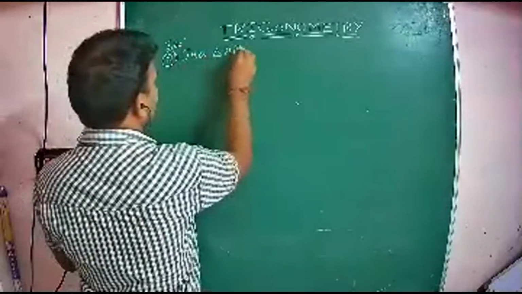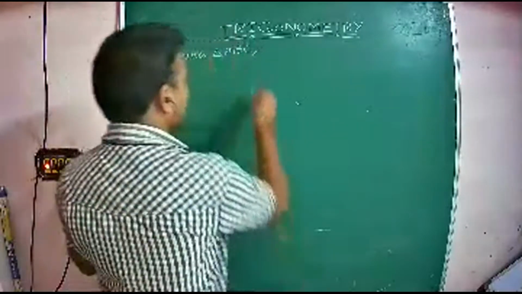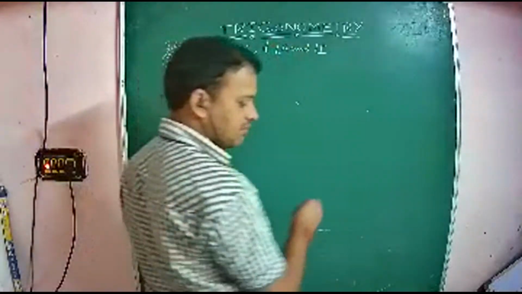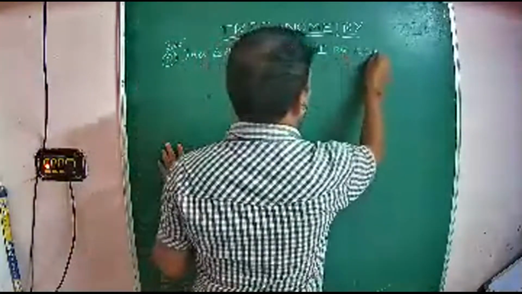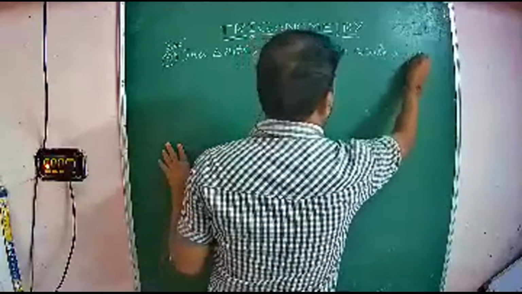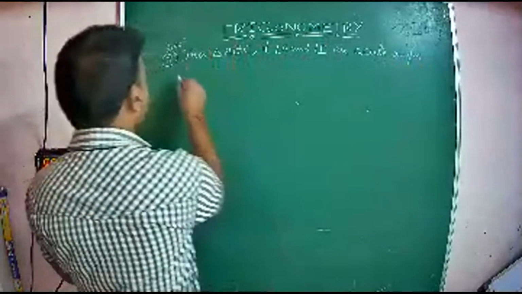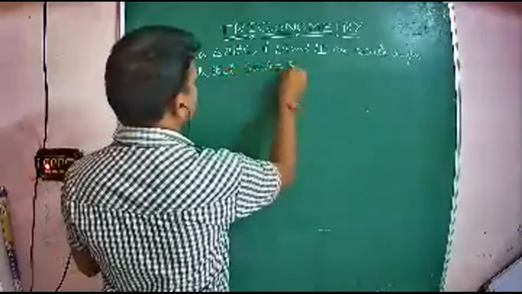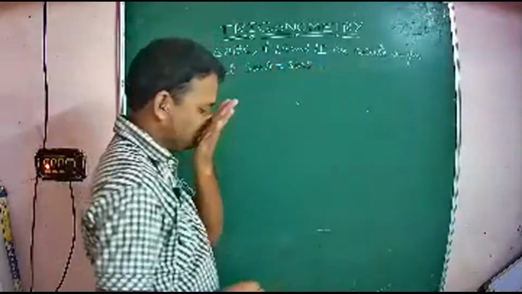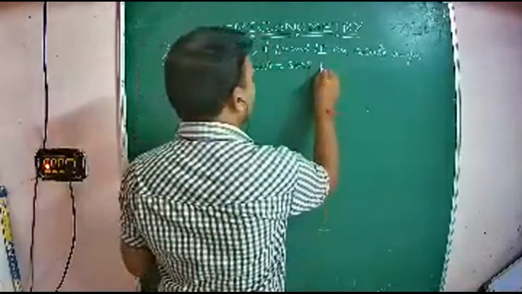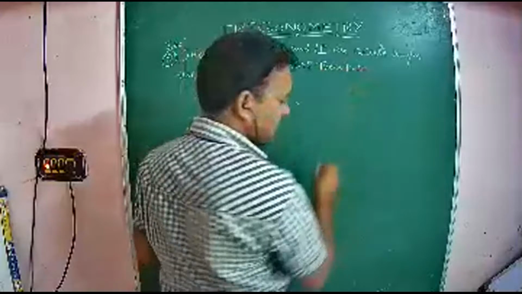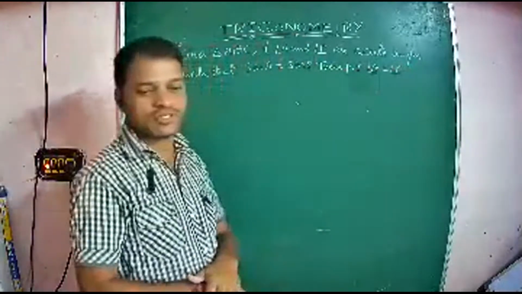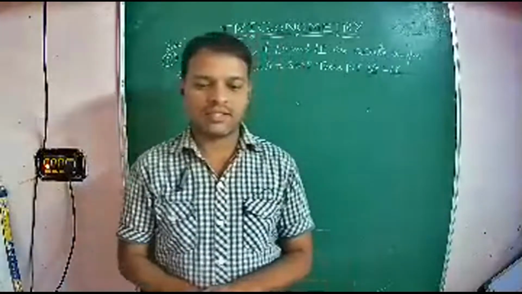In a triangle ABC, if angle A and angle B are acute angles such that sin A equals sin B, then prove that angle A equals angle B. So this is the question.